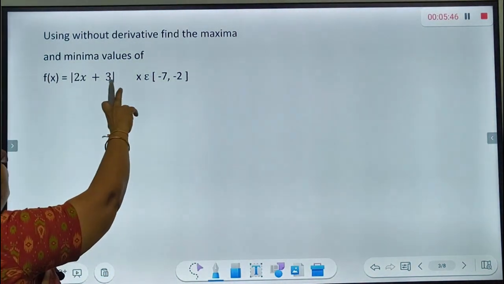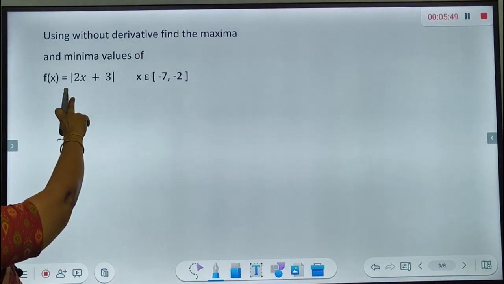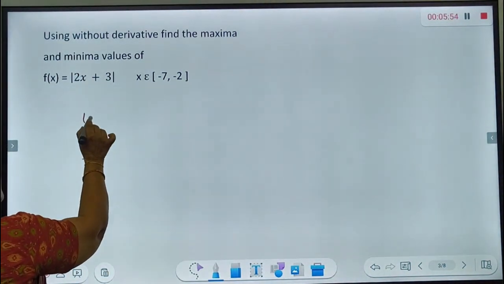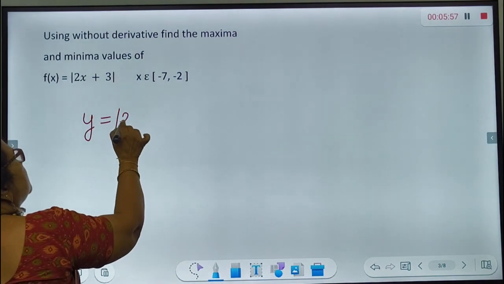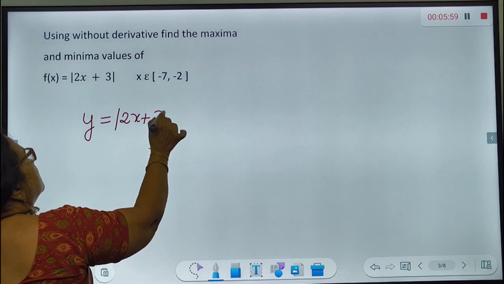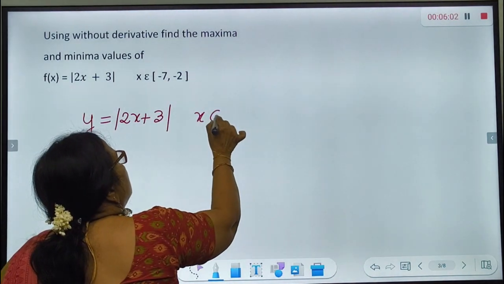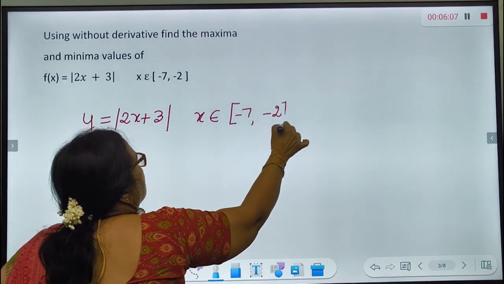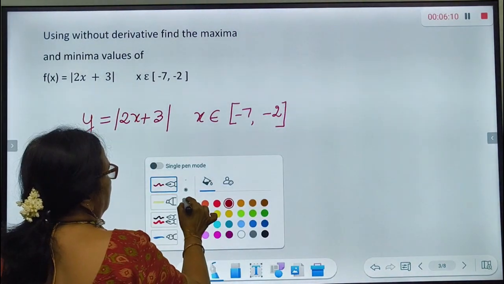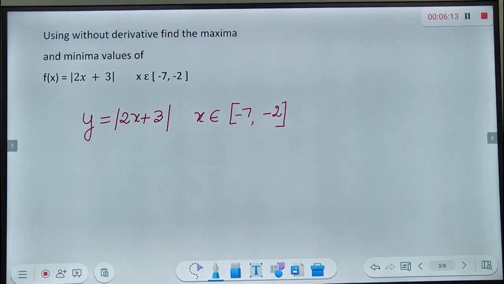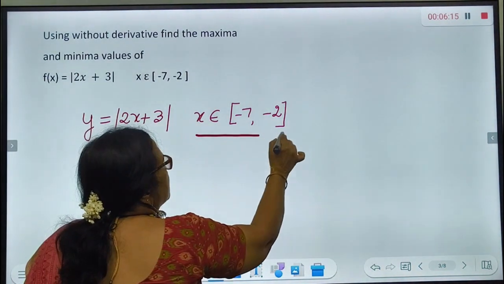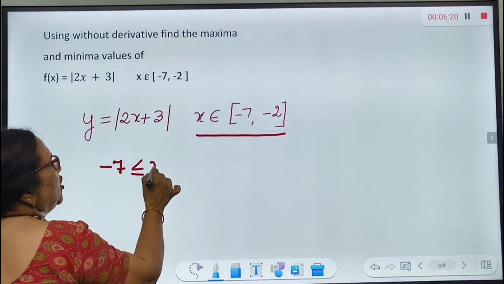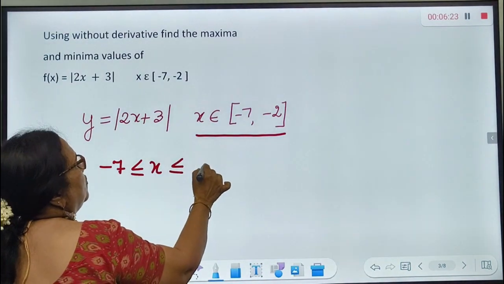For example, I want to find, without derivative, the maximum and minimum value of y equal to modulus of 2x plus 3, where x belongs to the closed interval [-7, -2]. Okay. Now, what is the meaning of this? So, -7 less than or equal to x, less than or equal to -2.